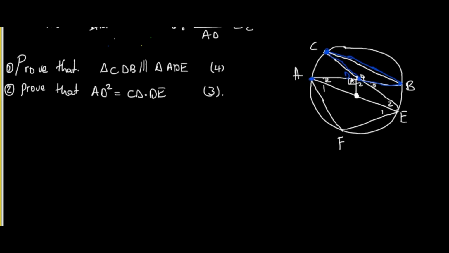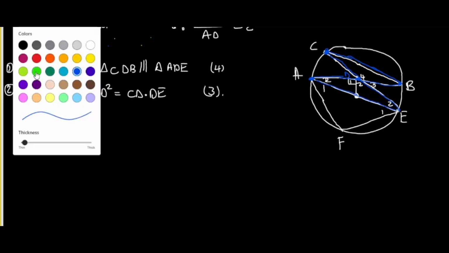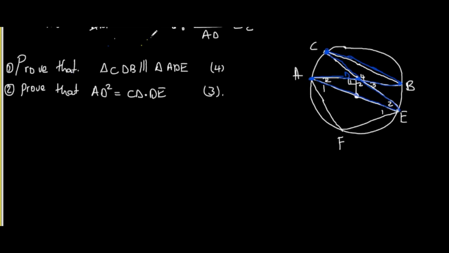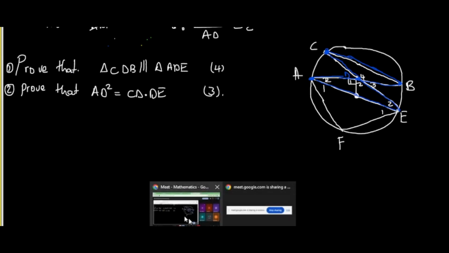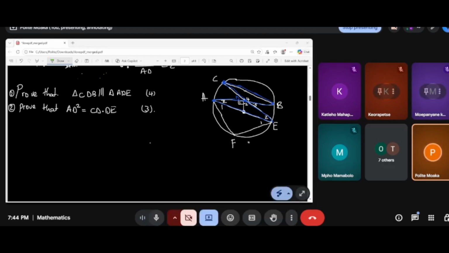So the other one is this one. I hope you guys can see that. I'm very sorry about the drawing, but now I think you see which triangles we need to prove are similar. So I'm not sure, guys, do you want to join the party and give me the angles that are equal? Between these two triangles, which angles are equal?